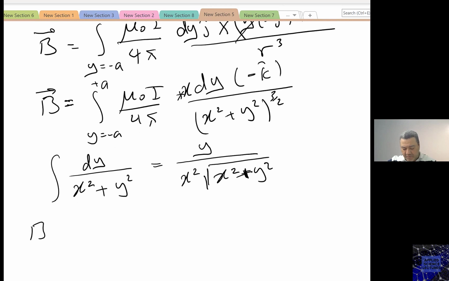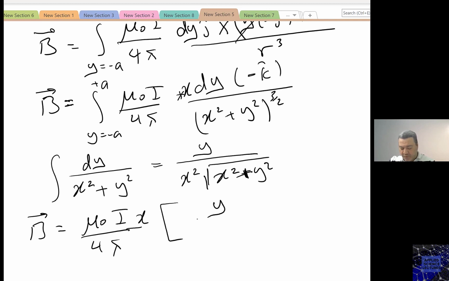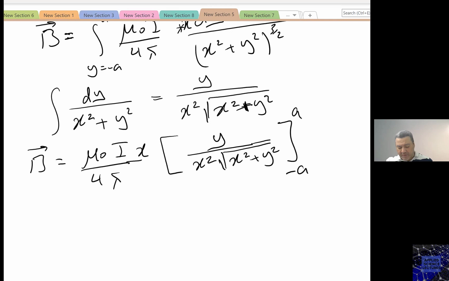So here B equals, mu naught can go outside, 4 pi can go outside as well. The x can go outside. So now I have y divided by x squared plus y squared, from minus a to a. X squared is a constant, so it can go outside.